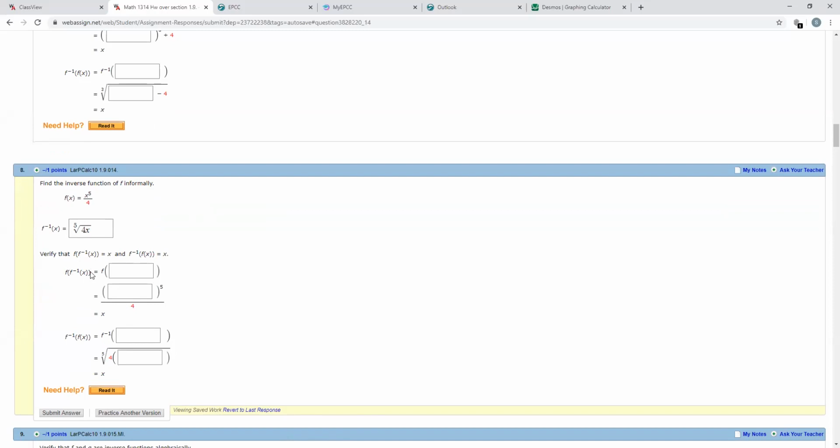The range value of whatever is written here, which is the range value expression for F inverse of x, which is this one right here. So the range value expression for that is this part. And so we put that right here.